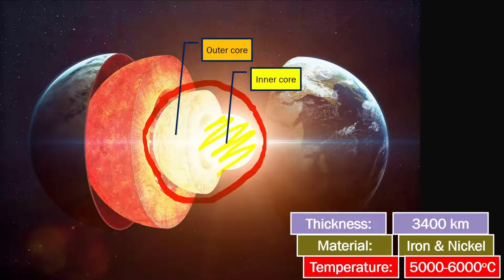The mantle is the molten rock. So for core, it's a molten metal. Now we can say that. And the temperature here in the core is way higher than the mantle. It's 5,000 to 6,000 degrees Celsius.